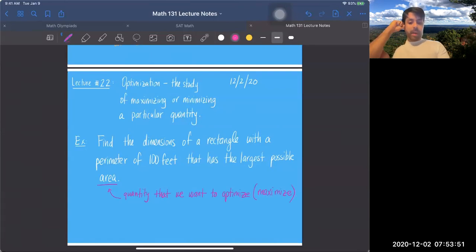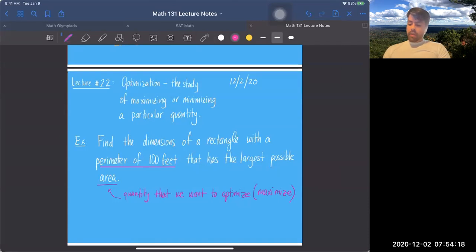So we want to maximize the area, but there are certain conditions that restrict our rectangle, right? We can't just create a rectangle that has infinite side lengths. It's just something that's never ending. There's a certain restriction, and the restriction is given by what it says: the perimeter has to be 100 feet. So that's another thing.